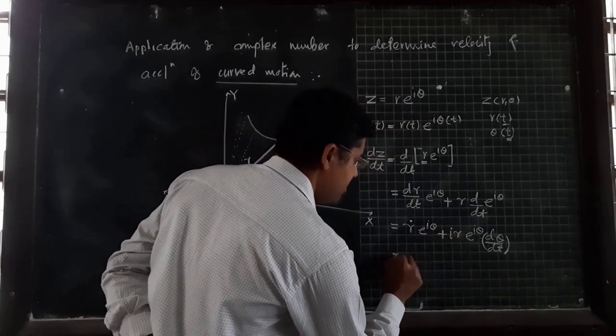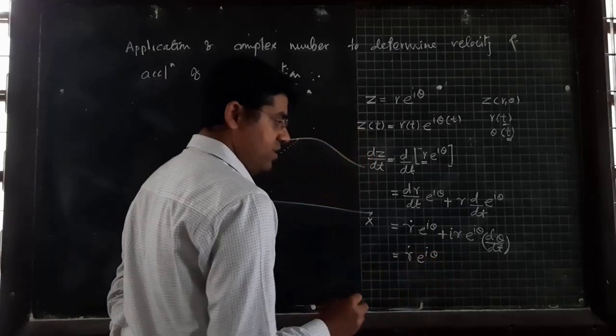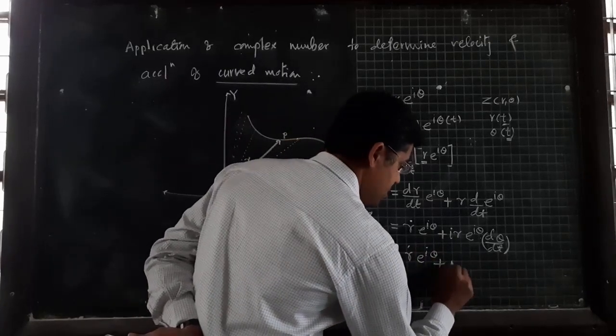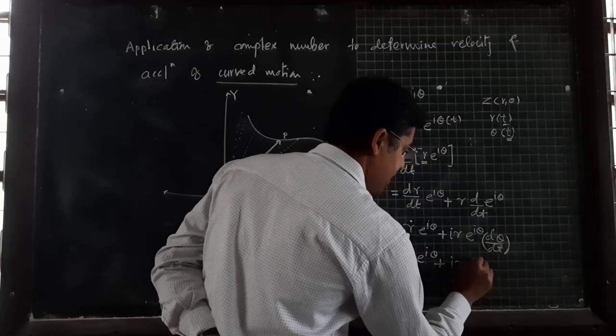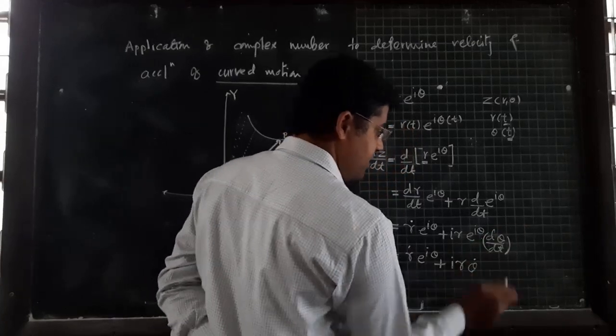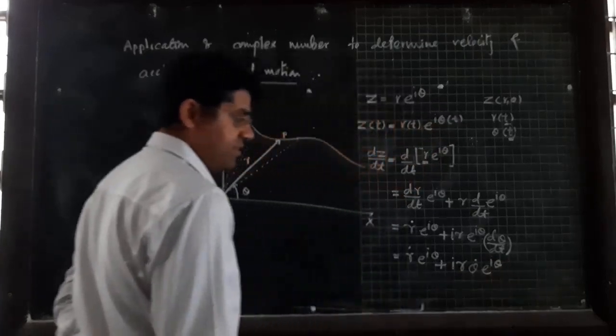So this is nothing but r dot e raised to i theta plus i r d theta by dt, which we can write as theta dot e raised to i theta.